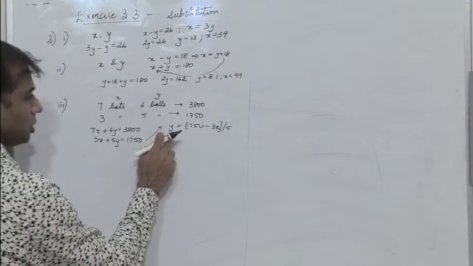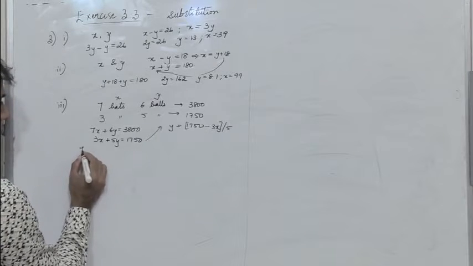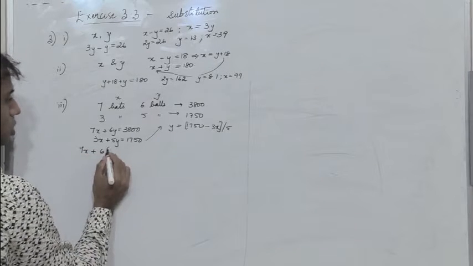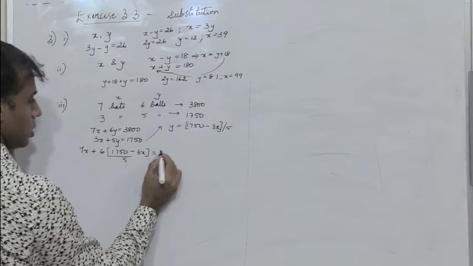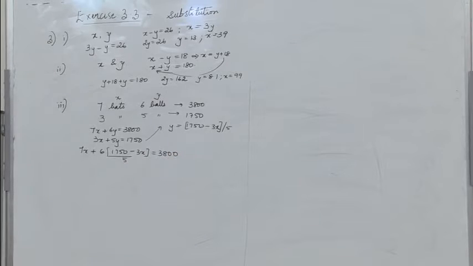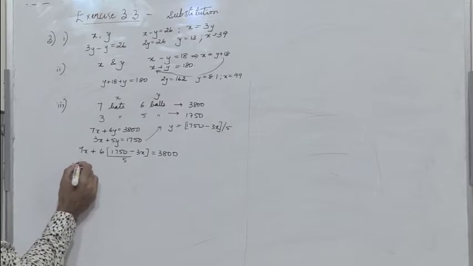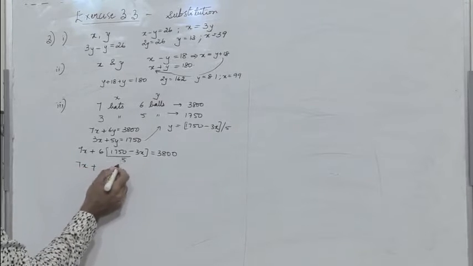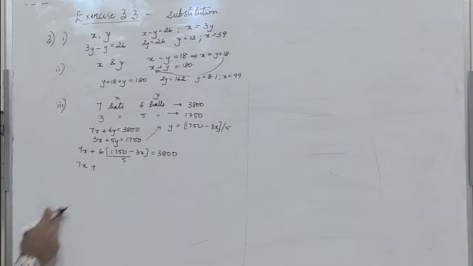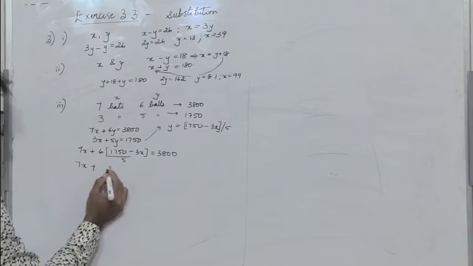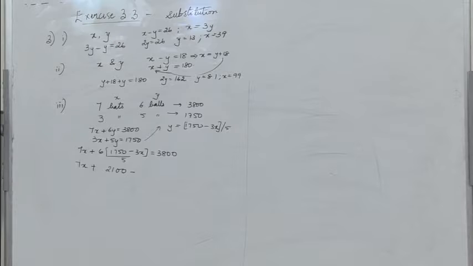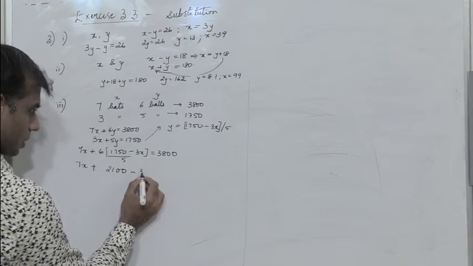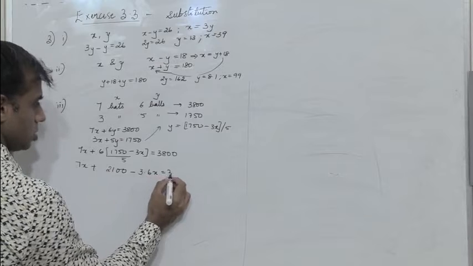Alright, so now I will substitute this value of y here in the first equation. So I get 7x plus 6 into y, which is 1750 minus 3x divided by 5 equals 3800. Right? So now if I expand this, I get 7x plus, so if I divide 1750 by 5 and multiply it by 6, I get 2100 minus 6 into 3 is 18. 18 by 5 is 3.6x equals 3800.